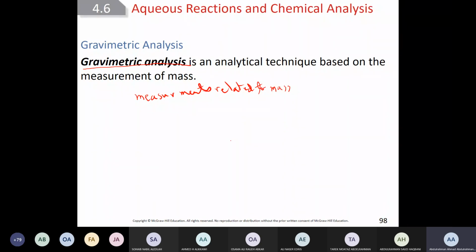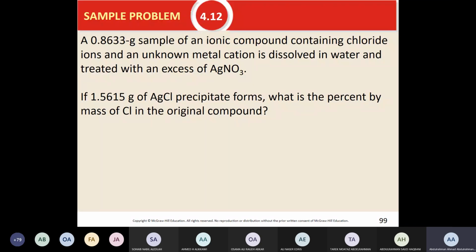Okay, next. Yes, we have solved this problem, but I'm going to go over it one more time. If we have a sample, this 0.8633 gram sample, it contains chloride ion.